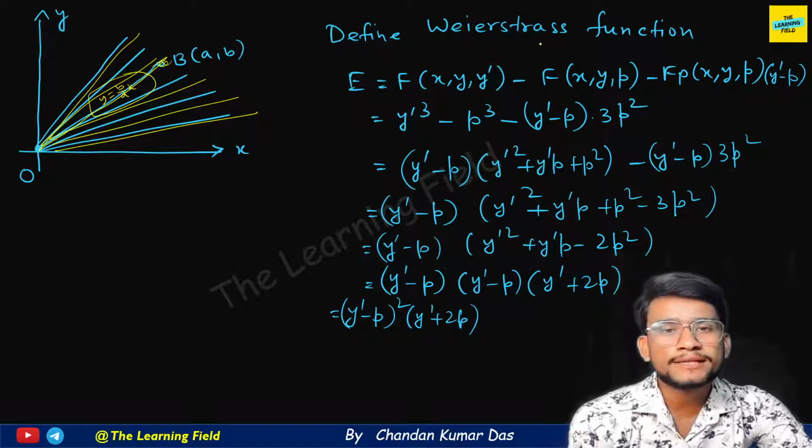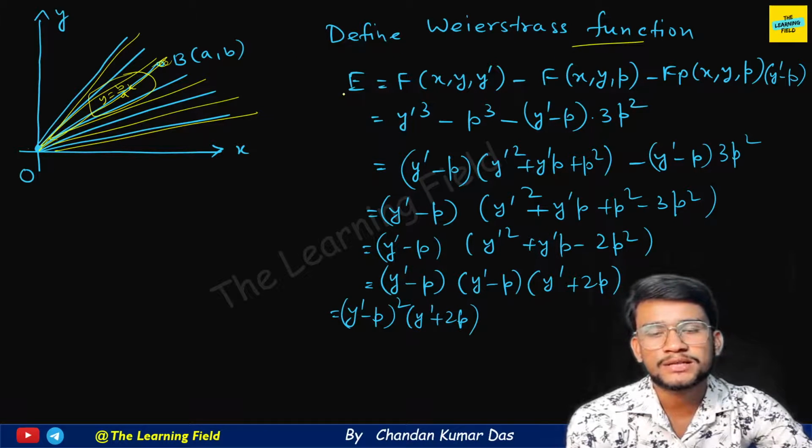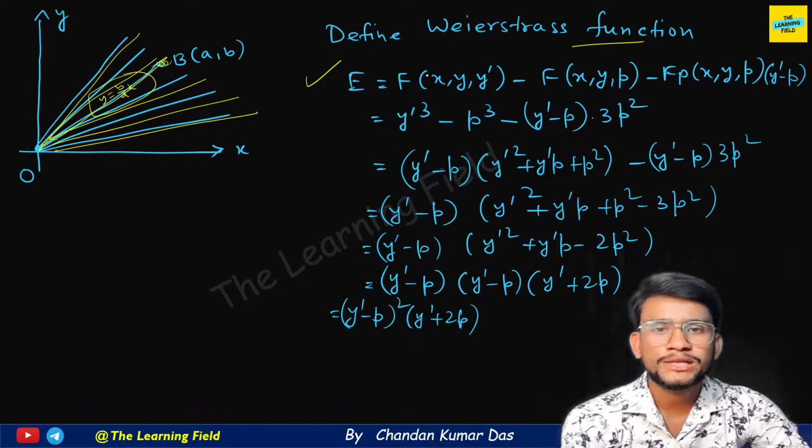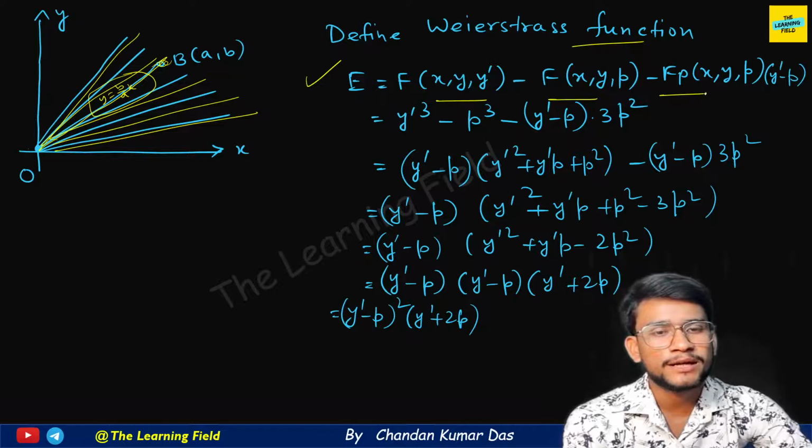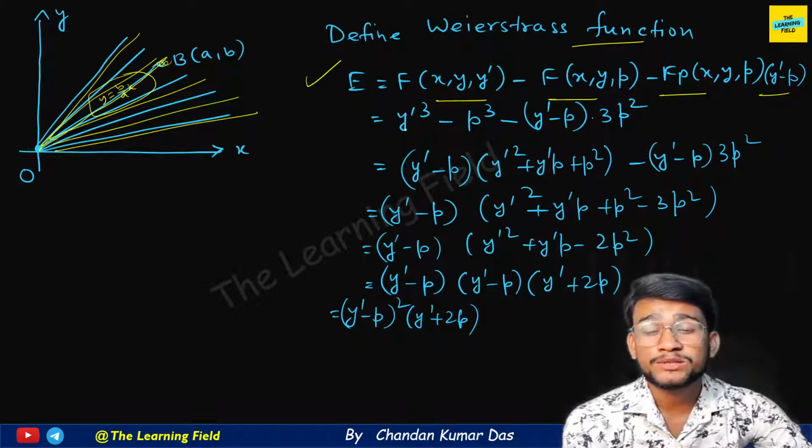Okay, so define the Weierstrass function. What is the Weierstrass function? E equal to F of x, y, y dash minus F of x, y, p minus (y dash minus p) F p of x, y, p.